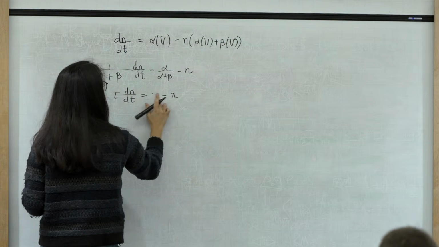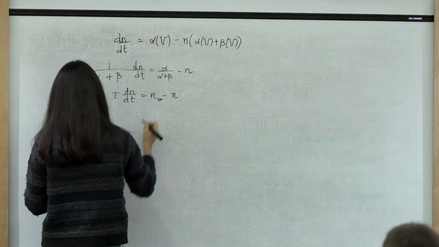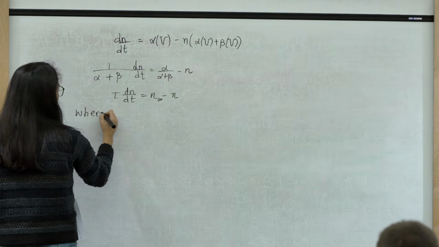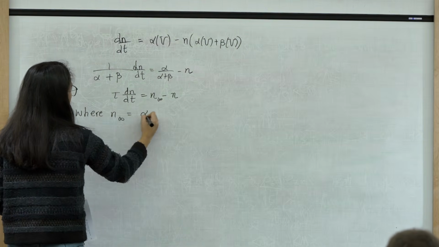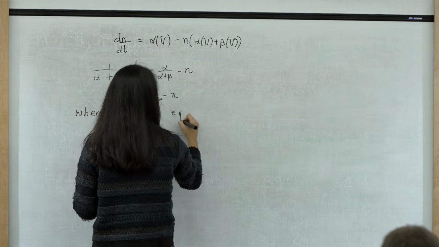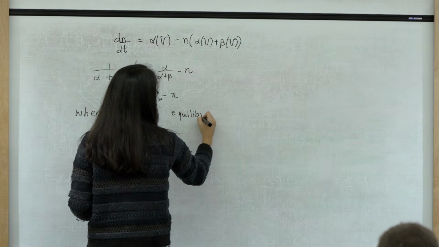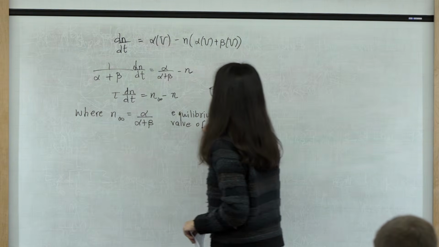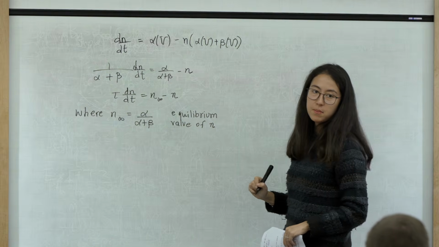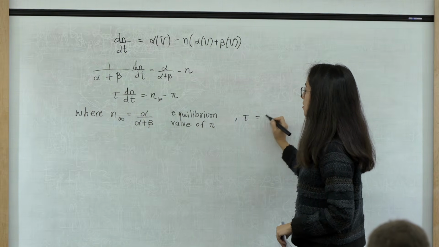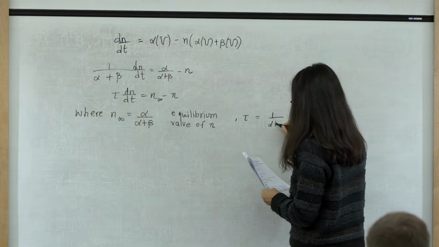Actually, this is a different notation, n infinity. So n infinity equals alpha over alpha plus beta, and is the equilibrium value of n, of the number of open gates. And then tau is just 1 over alpha plus beta.